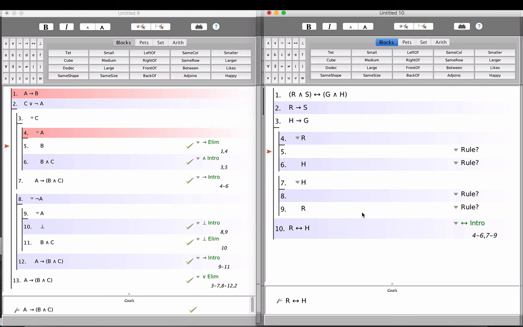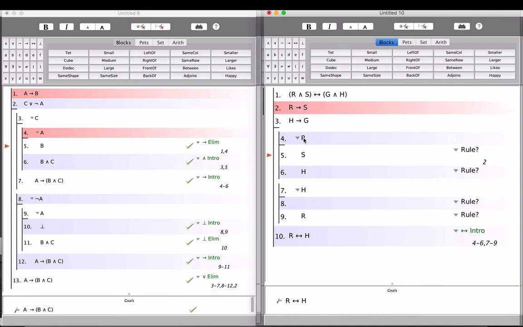All right, take a look at line 2. Line 2 says R arrow S. Line 4 says R. So S, right? If R then S, it is R. So by the elimination of the conditional, it's S. What do we want?